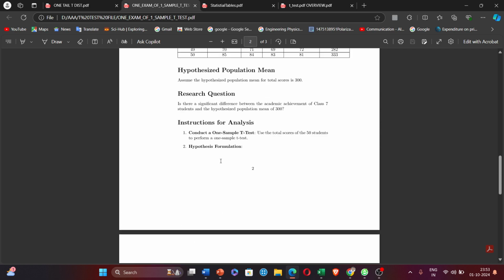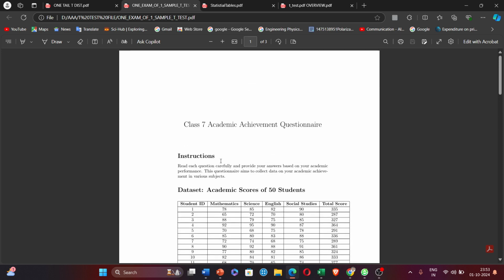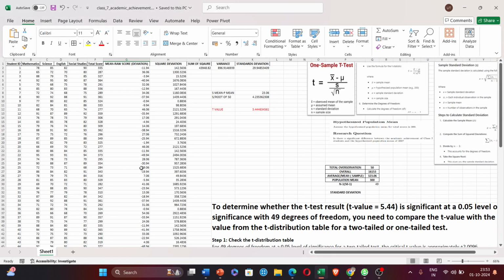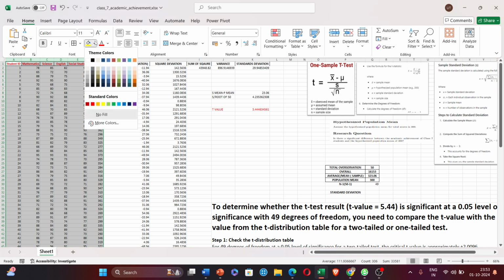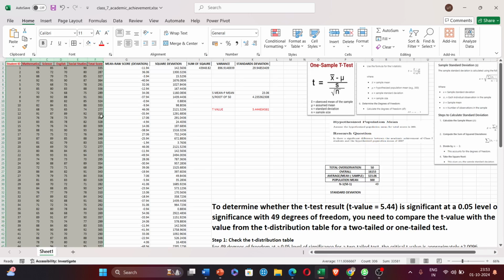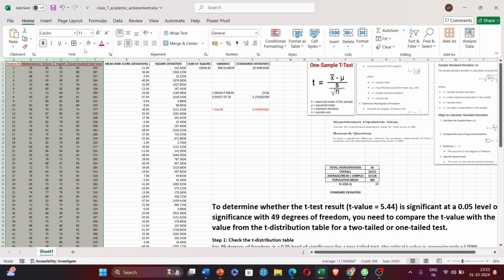Here, as you have seen the data set, now we will go to the Excel sheet. In that Excel sheet, these are my raw scores, the subject, ID and student, and these are the student scores.